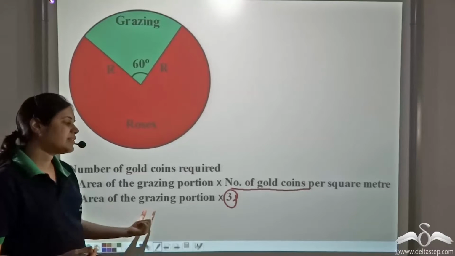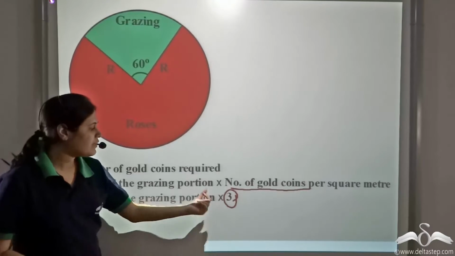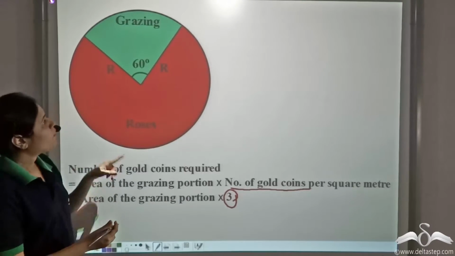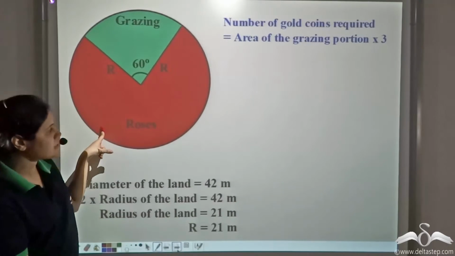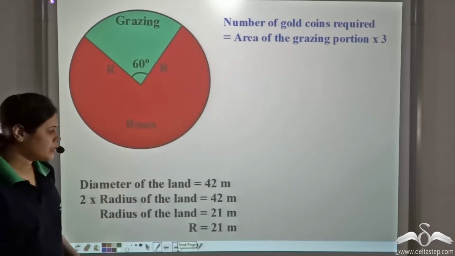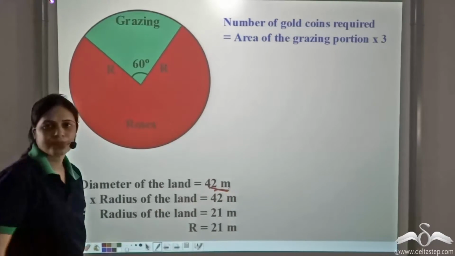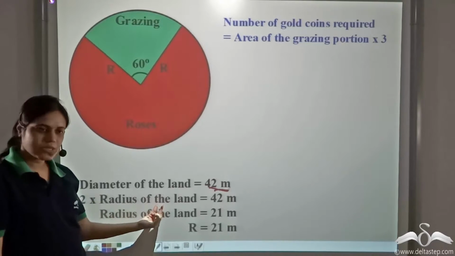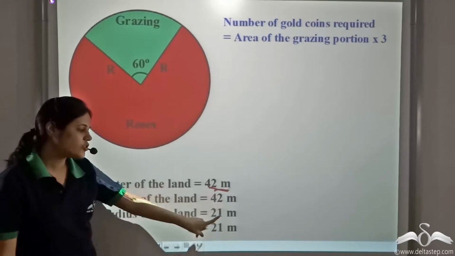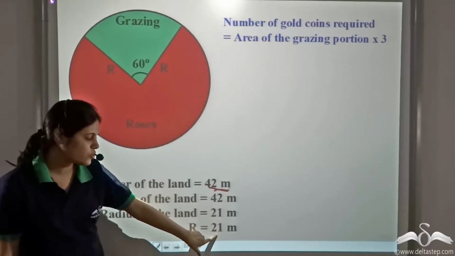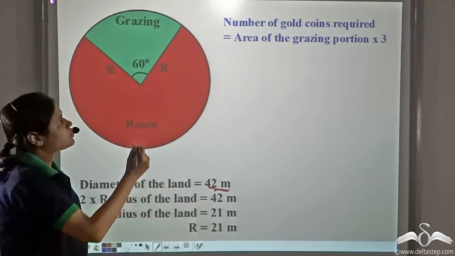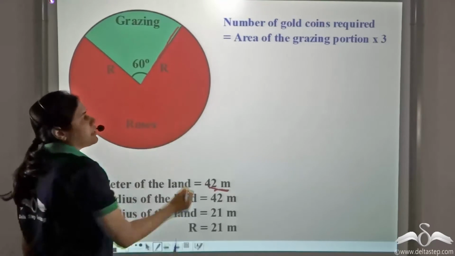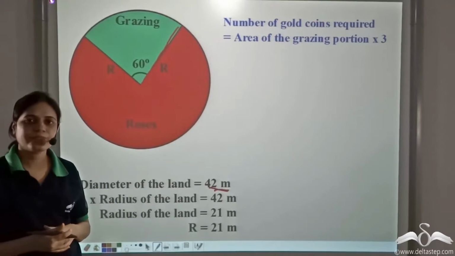Now if we can find the area of grazing portion, we can find the total number of gold coins required. Also, if we consider this circle, the diameter is 42 meters. The diameter is equal to twice the radius. So radius will be 42 divided by 2, that is 21 meters. So the radius of this circular region R is 21 meters.